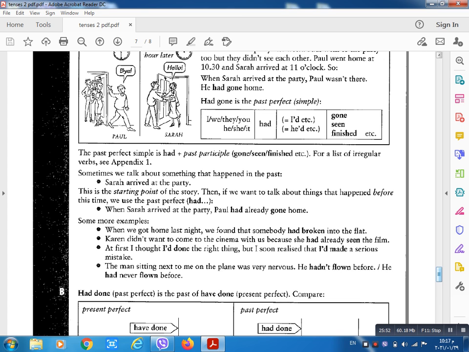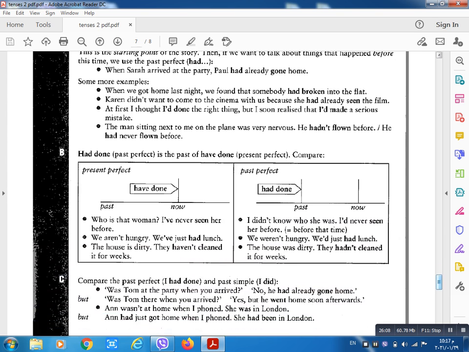Look, here we have a nice comparison between the past perfect on the one hand and the present perfect on the other. "Have done" is the present perfect. With the present perfect, we have the connection with now, at the time of speaking, while with the past perfect, the action happened at a certain time in the past just before another action.